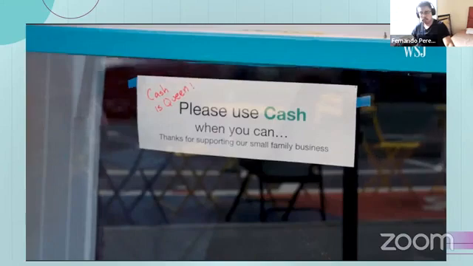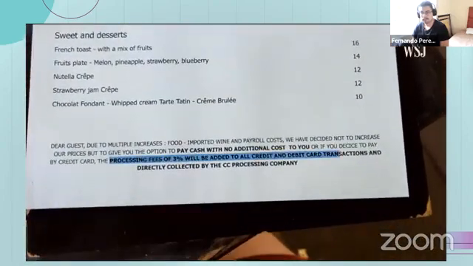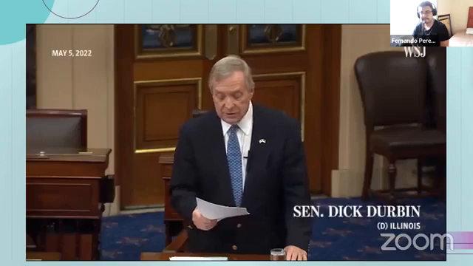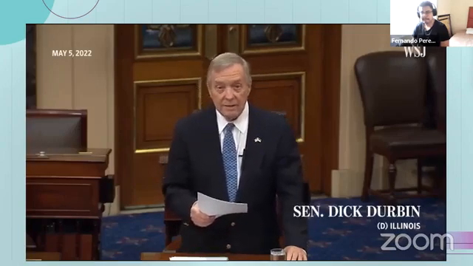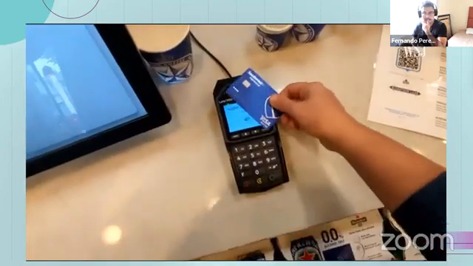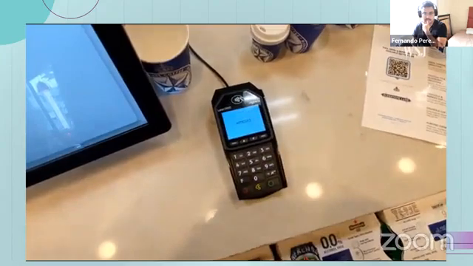We have the cash sign so that we don't have to pay fees. We save money on every sale. Some businesses are even starting to implement surcharges, adding around 3% to your bill if you pay by credit card. And now Congress is getting involved. Swipe fees aren't just annoying to the retailers. They're anti-competitive. Here's how the credit card fee system works and what Congress is trying to change.